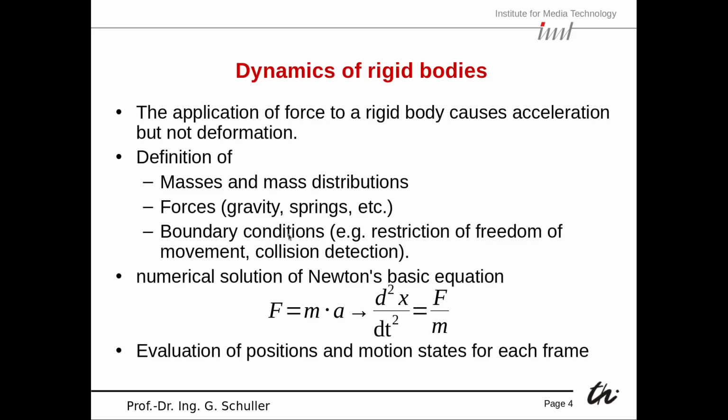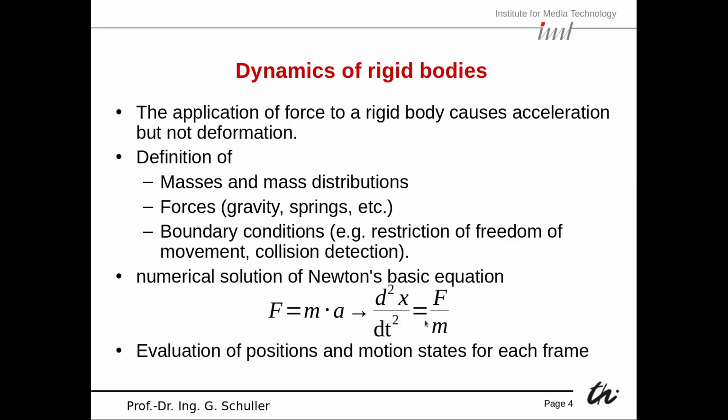Then we have boundary conditions, for instance, the restriction of freedom of movement, like collision detection. And we would need the numerical solution of Newton's basic equations, like force equals mass times acceleration.